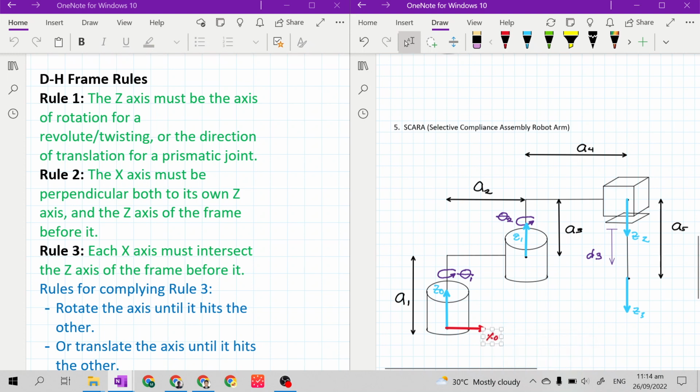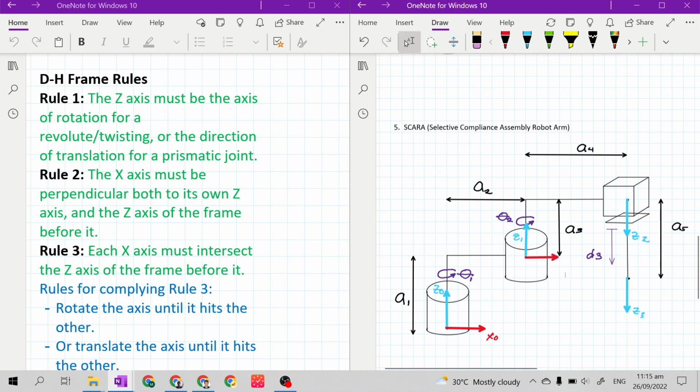For our frame 1, this is frame 1, our x-axis can be pointed to the left or right, front or back. But to make it easier for us for the future computations of forward kinematics, let me point this to the right.